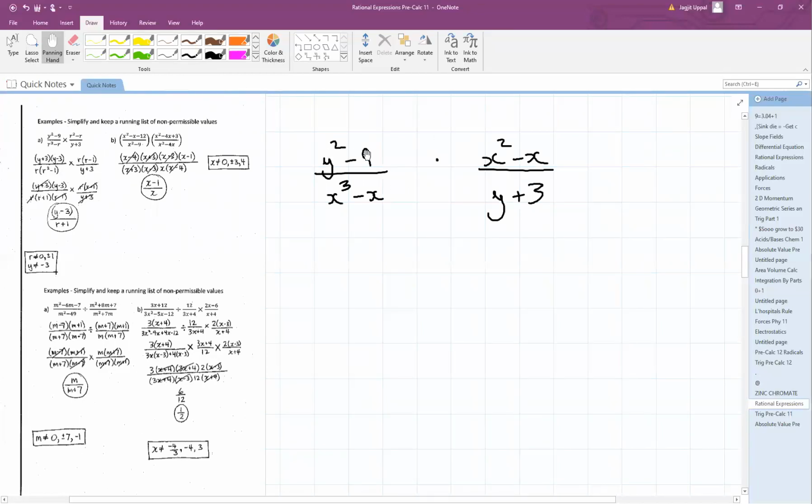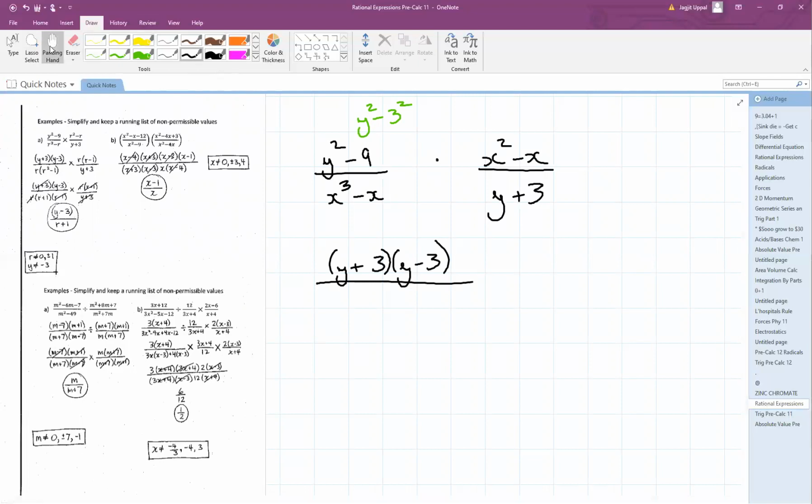I have y squared minus 9. You can think of this as y squared minus 3 squared. And what's y squared minus 3 squared going to be? Y plus 3 times y minus 3. Understood? And then I have x cubed minus x. What can I factor out of these two? I can factor out one of the x's, right? And the leftover is going to be x squared minus 1.